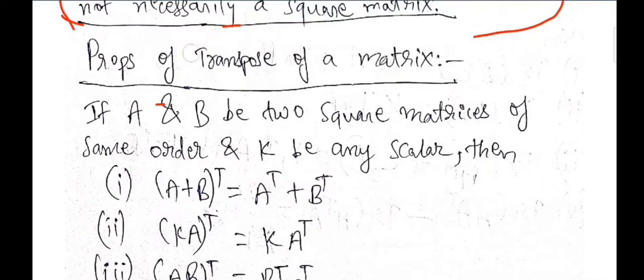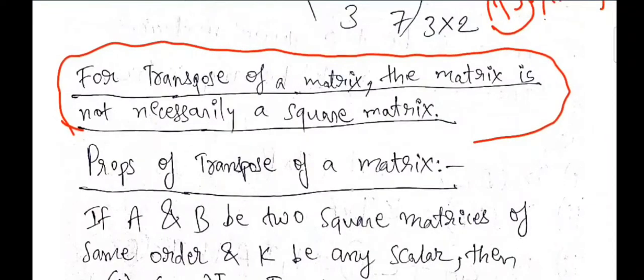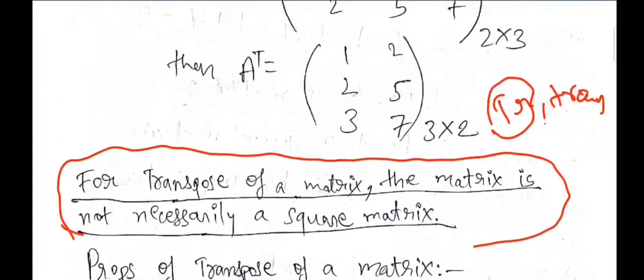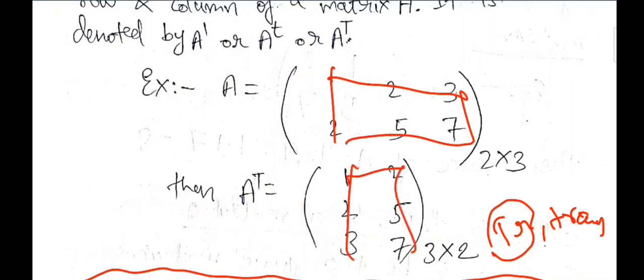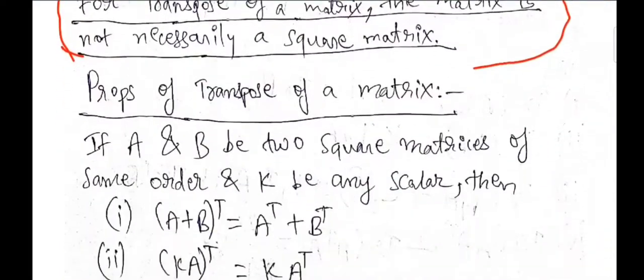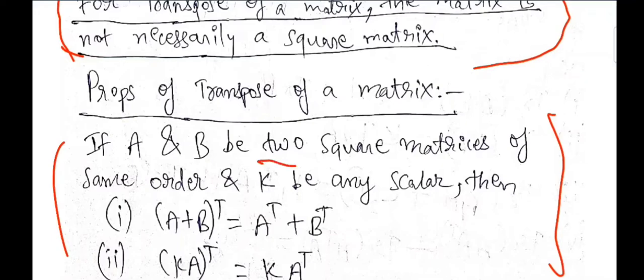Remember one thing very well: in order to find the transpose of a matrix, the matrix need not be a square matrix. For the one given here, which was a rectangular matrix, I was still able to find its transpose. But when I want to use these properties of transpose given below, I must have A and B as two square matrices. Only then will these properties be applicable.